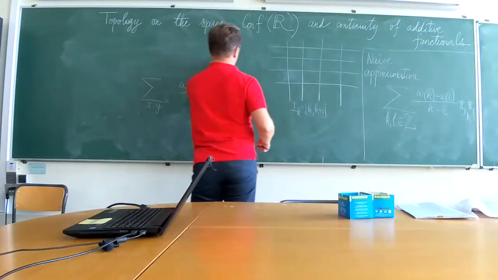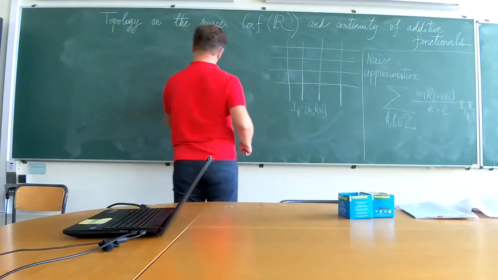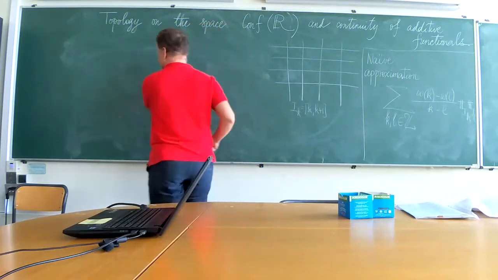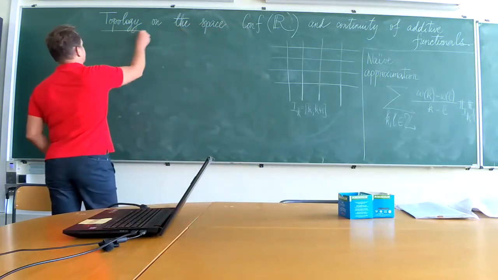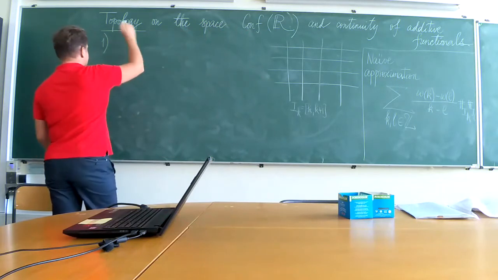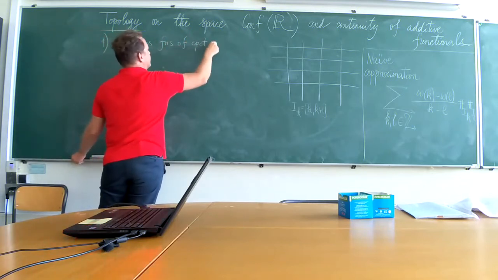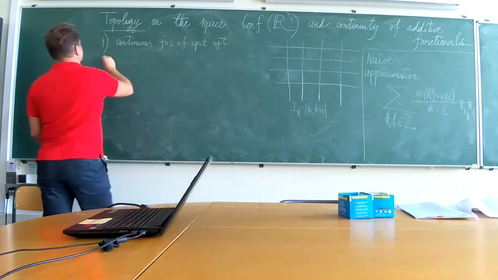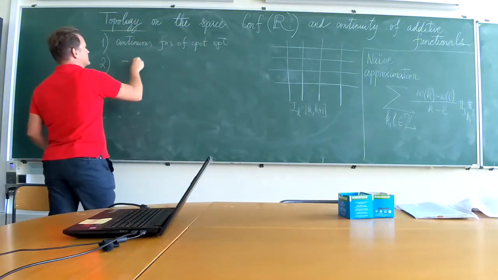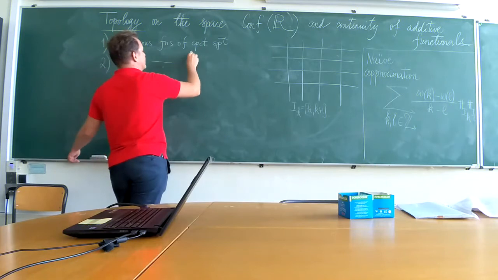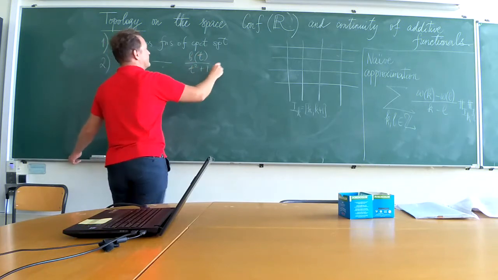So first of all, the topology. First of all, the functions of compact support. Second, continuous functions of the form b of t, the square root of 1, bounded.